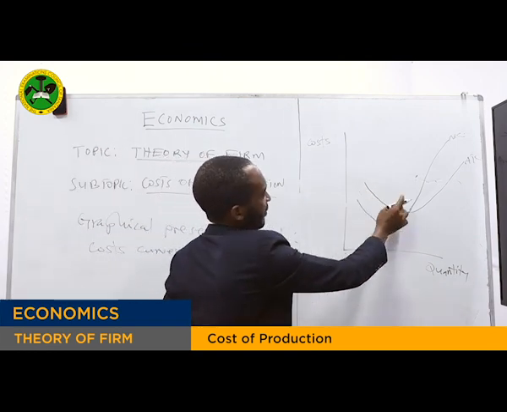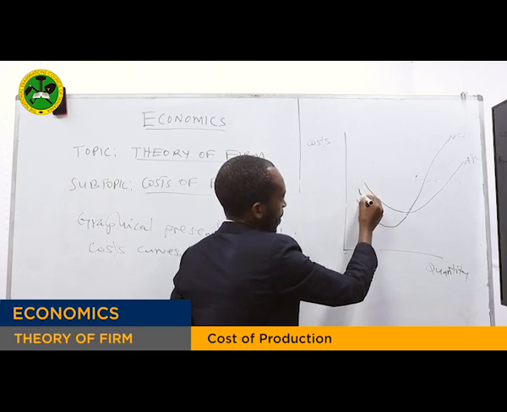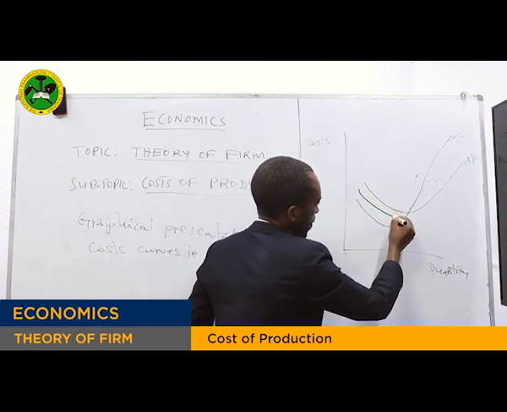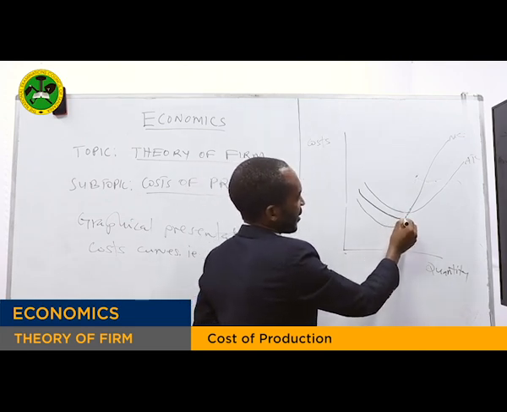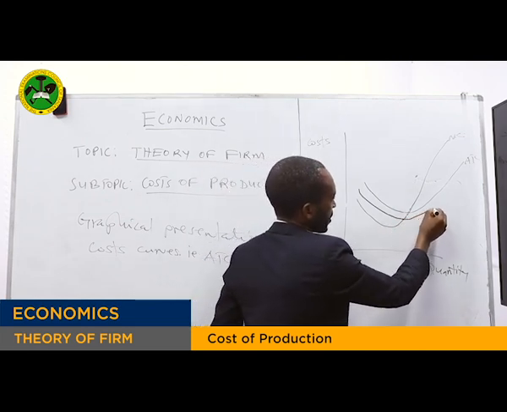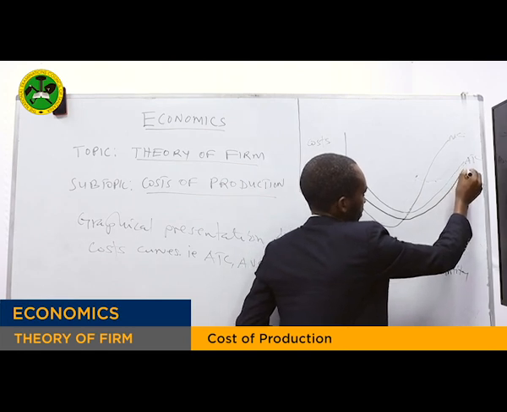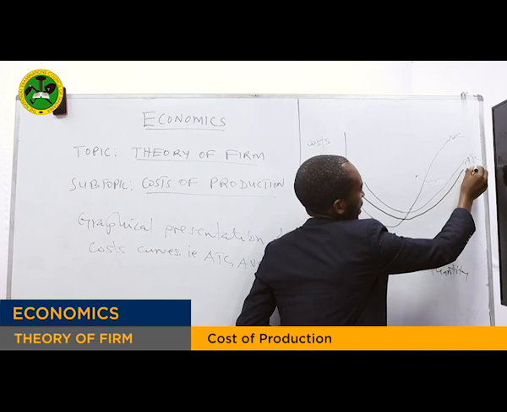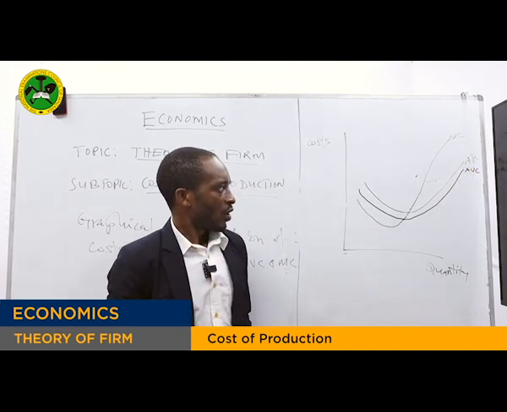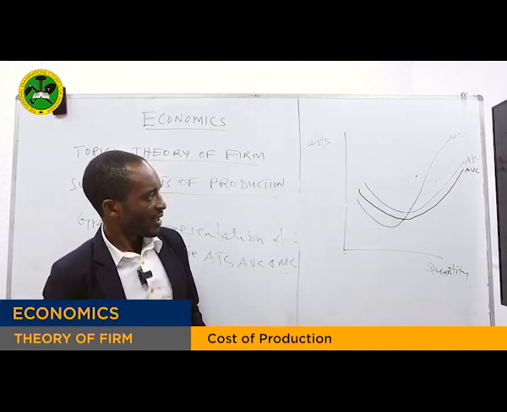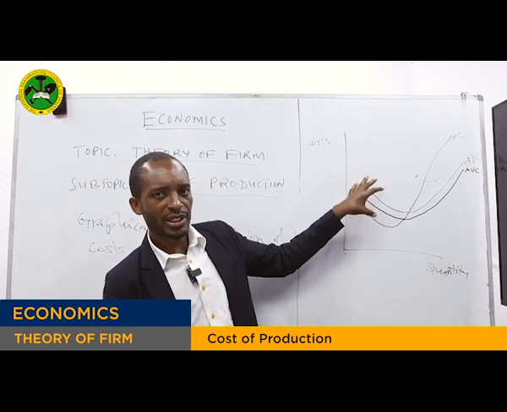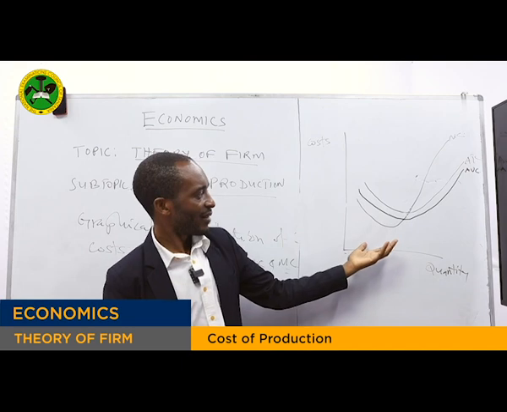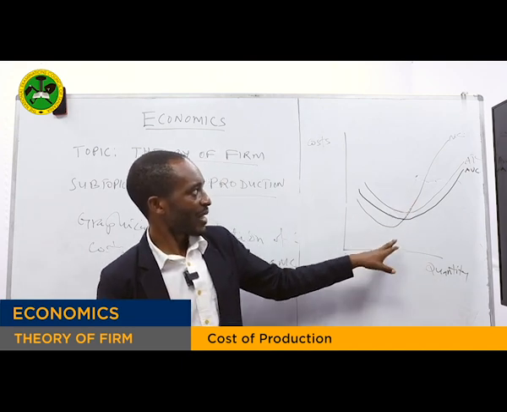Then it will meet the marginal cost, and also start to rise. So this will be the average variable cost.